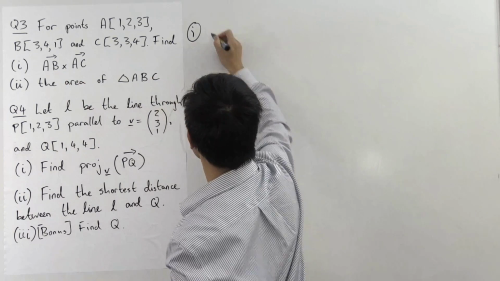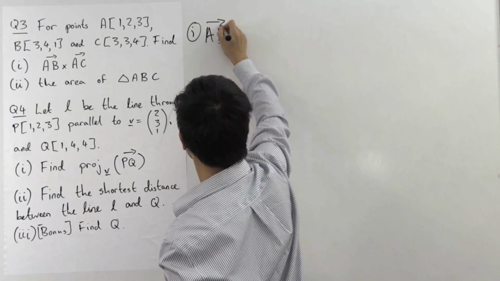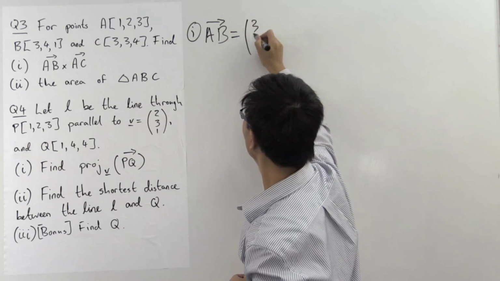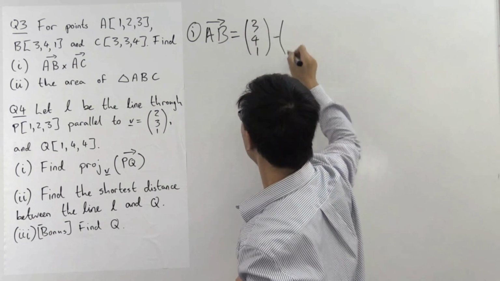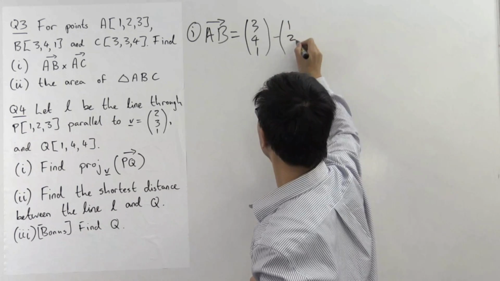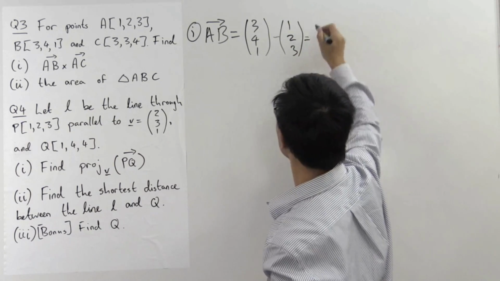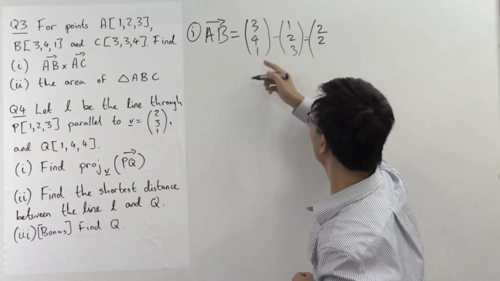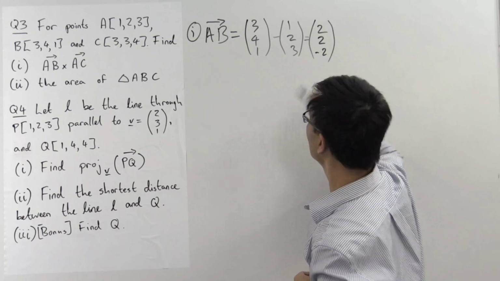Okay, so what's AB? So remember, just take the difference of these 2 coordinate vectors, (3, 4, 1) minus (1, 2, 3), and that equals 3 minus 1 is 2, 4 minus 2 is 2, 1 minus 3 is minus 2.